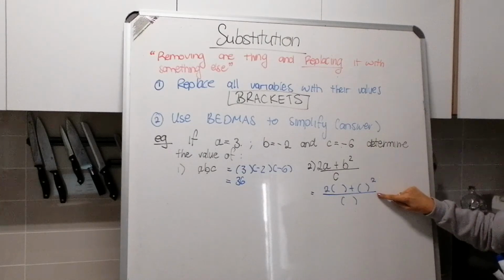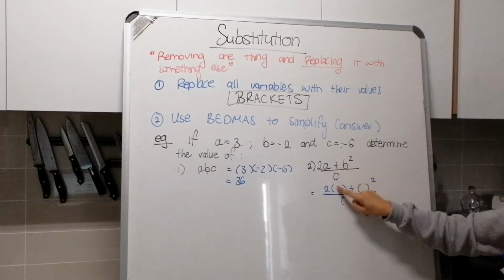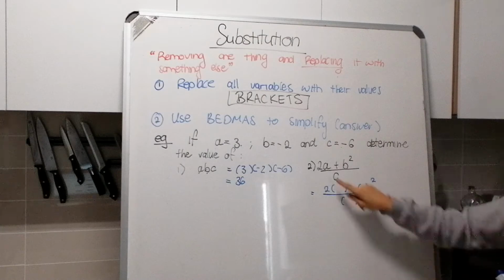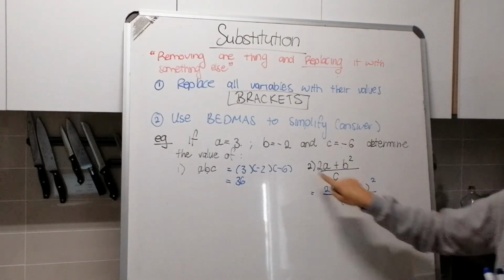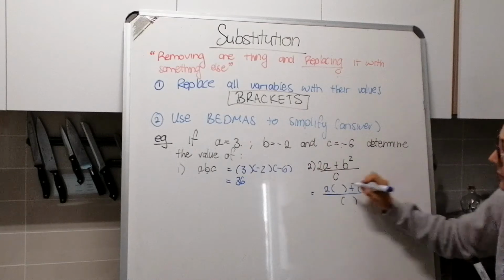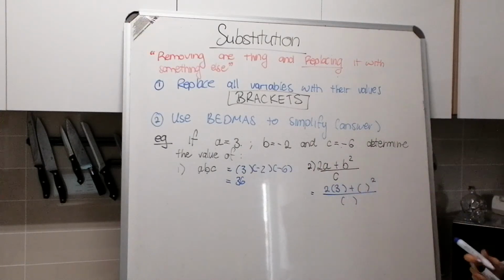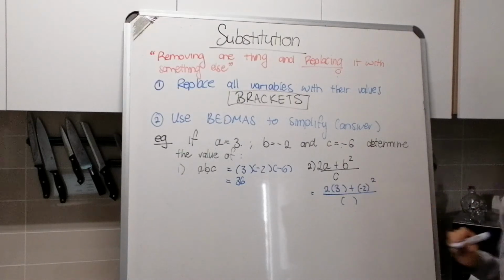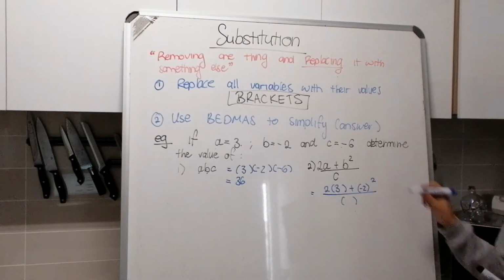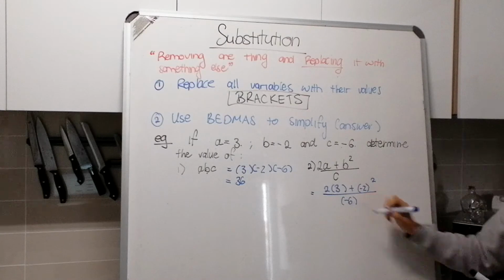Okay, so you see I've written it exactly the same, except everywhere I see a letter, I put brackets instead. Now, where I had A in those brackets, I must put the value for A, which was 3. Where I had B, I must put the value for B, which was -2. And where I had C, I must put the value for C, which is -6.